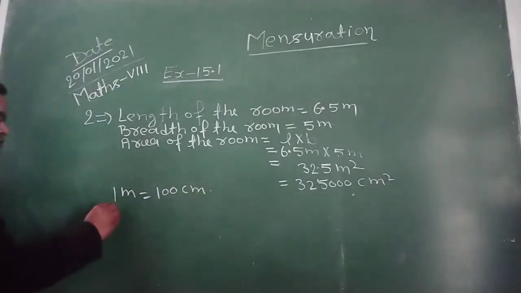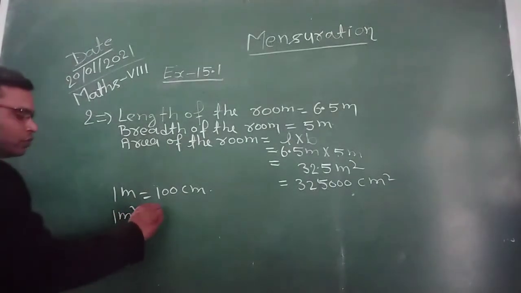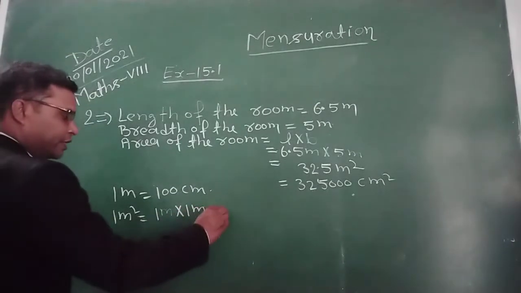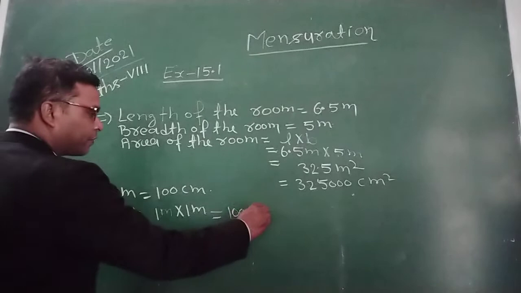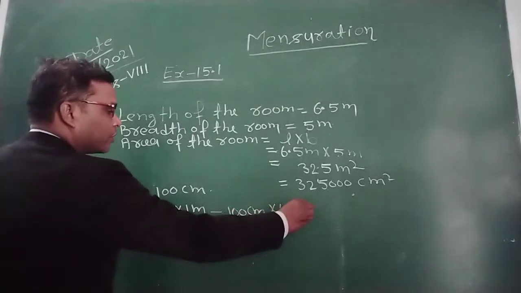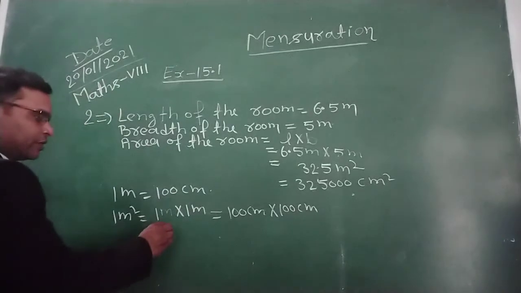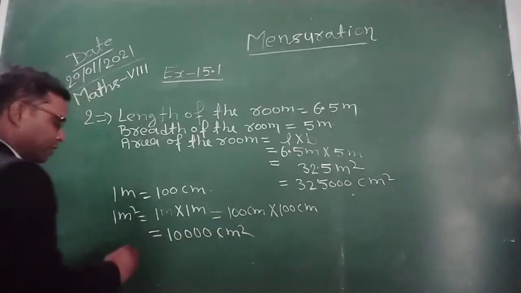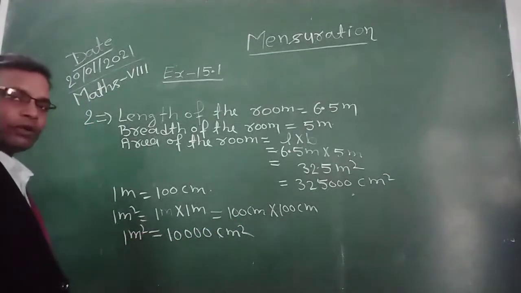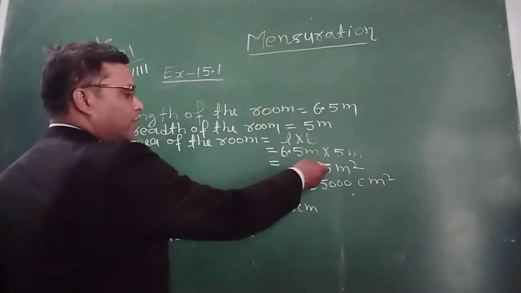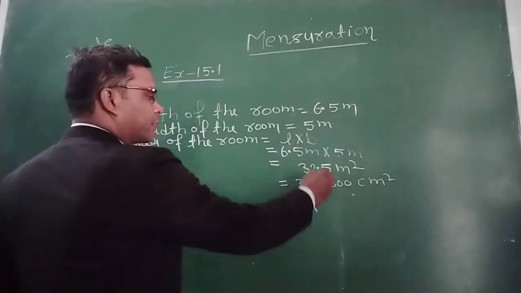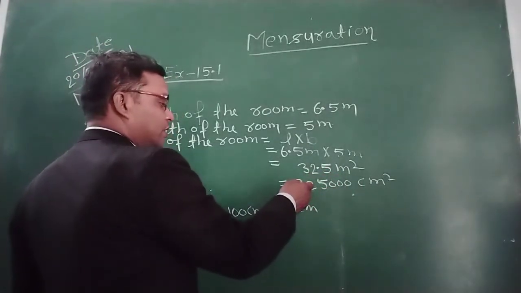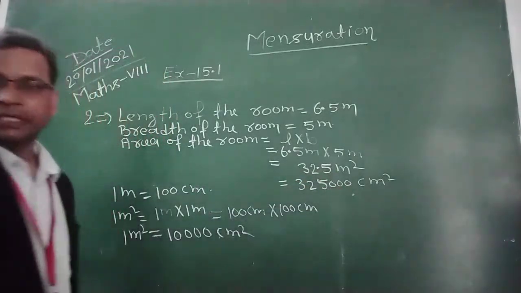So 1 meter square is equal to 1 meter into 1 meter, which is 100 centimeter into 100 centimeter, that is 10,000 centimeter square. But here we have 32.5, so if you multiply them, the area becomes 3,25,000 centimeter square. This is clear.